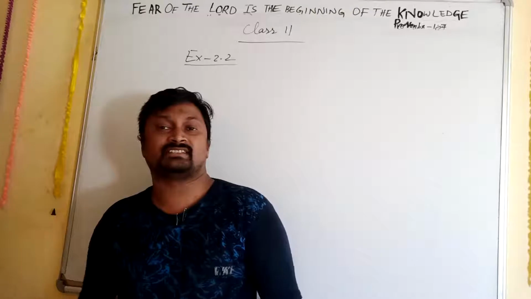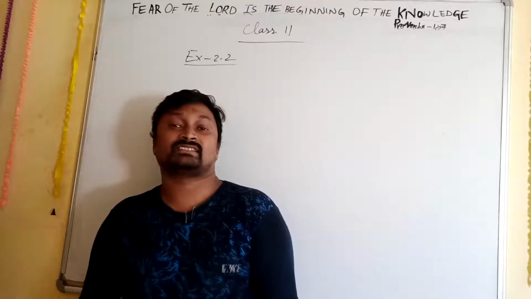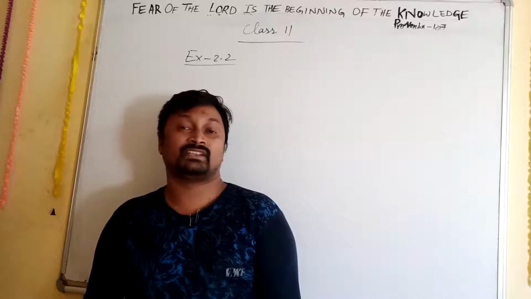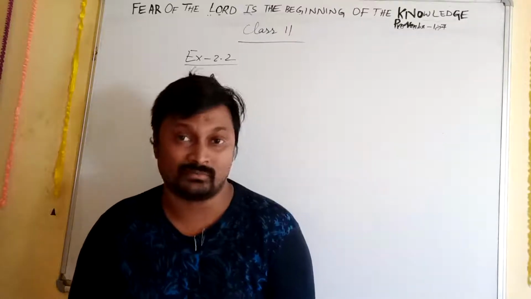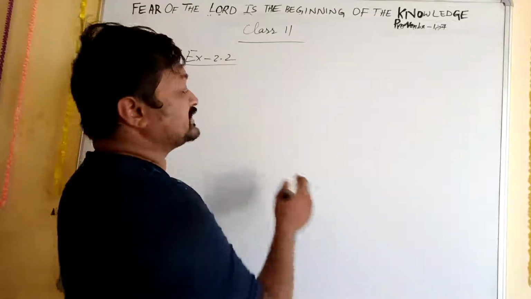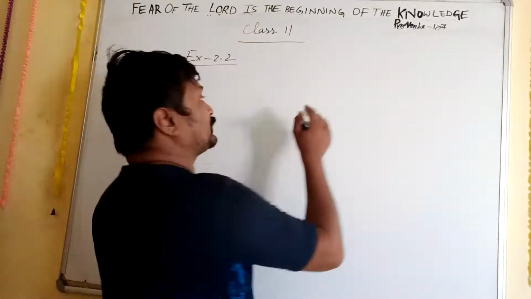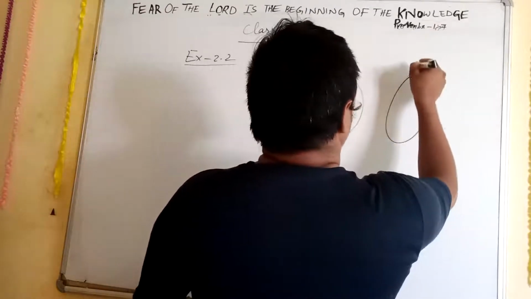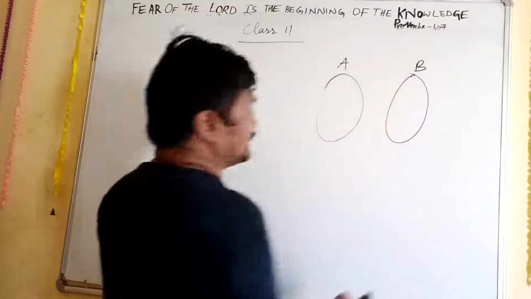Before going to discuss the class again, we'll recall what our domain is, what our range is, what our codomain is. Here you should understand these clearly, otherwise we could not solve any problem. So let me explain with the diagram. One set A, another set B is there.